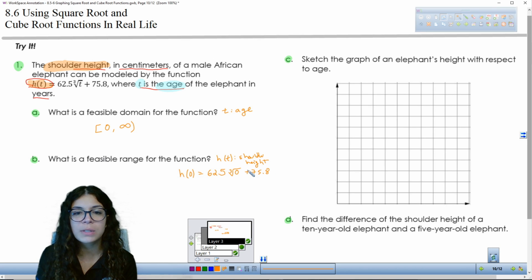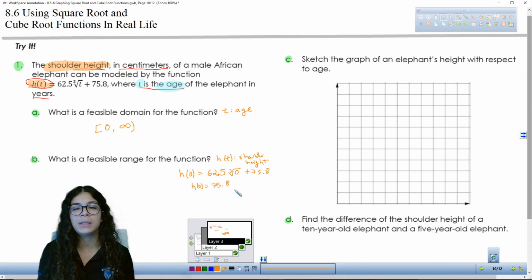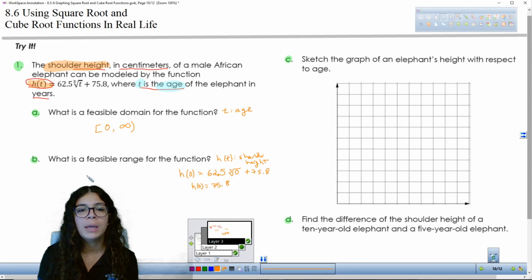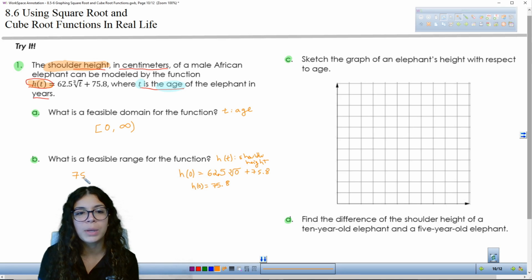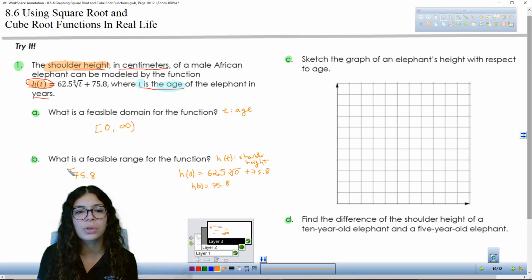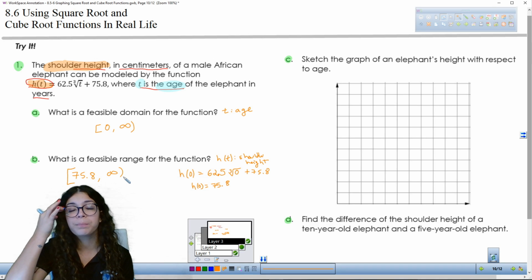Now, the cube root of 0 would just be 0. 0 times 62.5 would be 0. 0 plus 75.8 would be 75.8. So the minimum shoulder height of an elephant, right as they're born, is 75.8. And of course, their shoulder height would then continue and get larger from there.